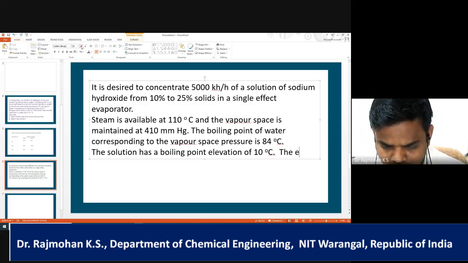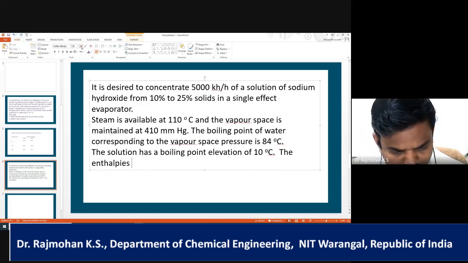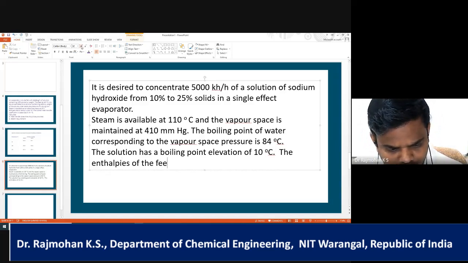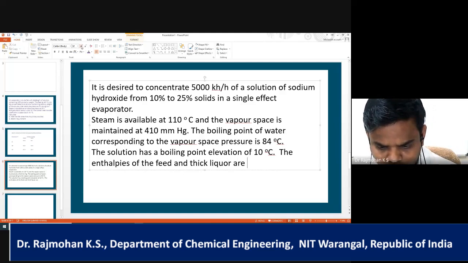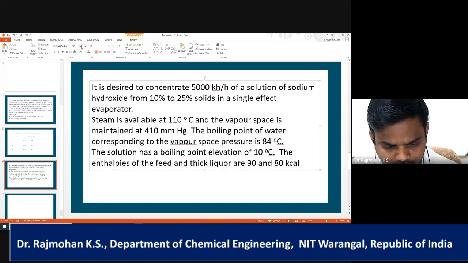The enthalpies of the feed and thick liquor are 90 and 80 kilocalorie per kg respectively.